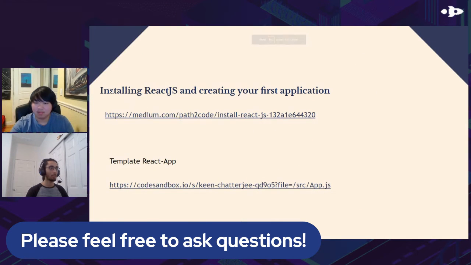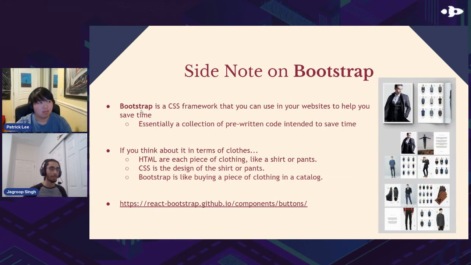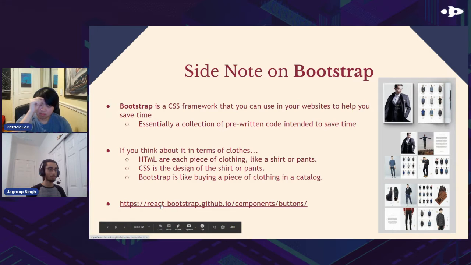So now we've gone over how to install React and what the template React app looks like once you initialize it. And another thing I wanted to show you guys was that in React, suppose you're trying to build a navigation bar or a card, you don't have to build that from scratch. What you can do instead is bootstrap them from this Bootstrap library.